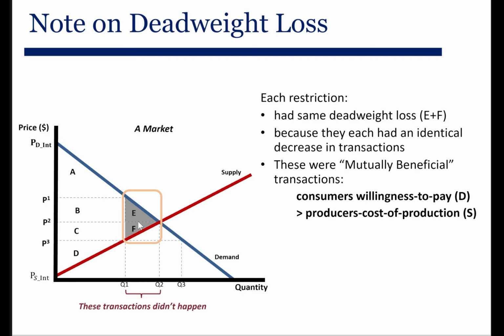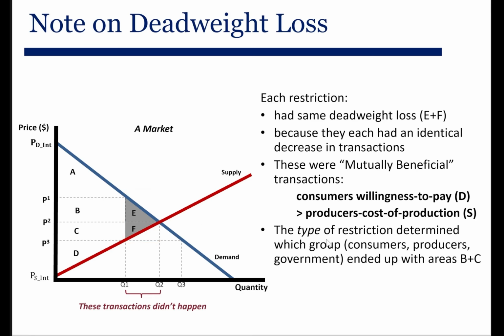That's where the deadweight loss is coming from. The type of restriction is determining exactly which group is losing what or benefiting, consumers, producers, or government, splitting B and C. But each of them resulted in these transactions not happening, which is why they all had the loss of E and F.